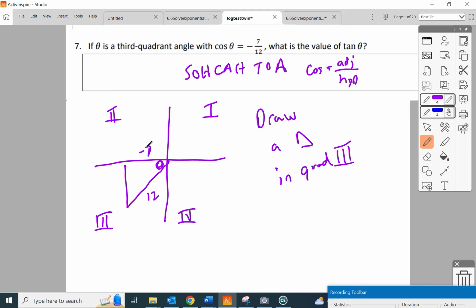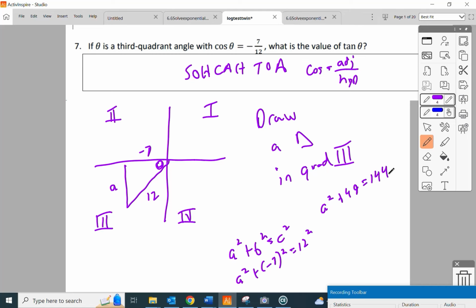Your missing leg, which I'll just call A, can be found using a squared plus b squared equals c squared. So I don't know A, but I know B is -7. This is actually one of those special Pythagorean triples too. So a squared plus -7 squared is 12 squared. A squared plus 49 is 144.